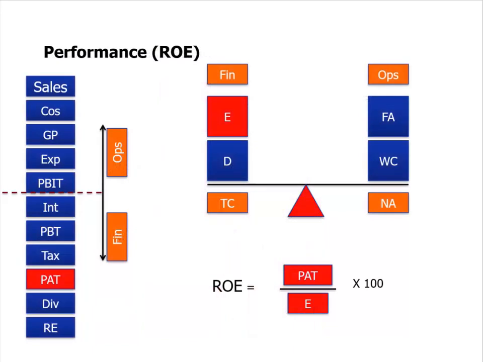There's one other ratio that's equally as important, and that's the return on equity. So of course here we are describing how the shareholders' money is performing. How much profit is being generated, profit after tax. So you can see we've dropped from operating profit all the way down to profit after tax, and we are measuring this against the equity in the business.